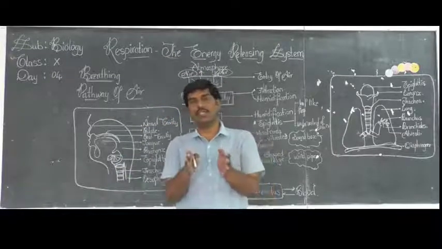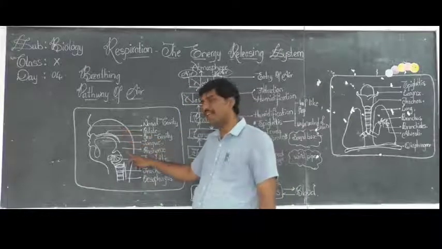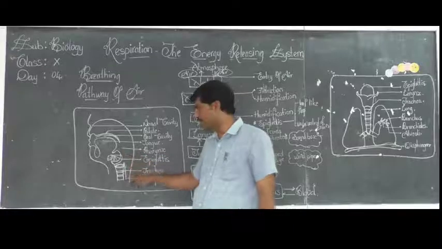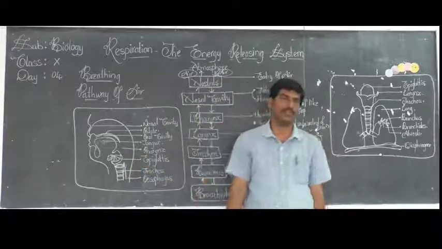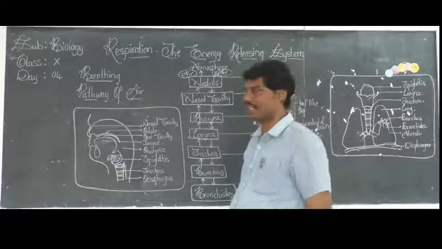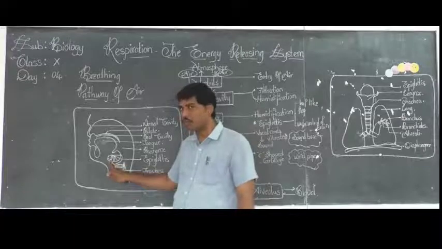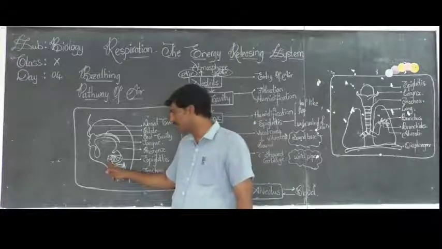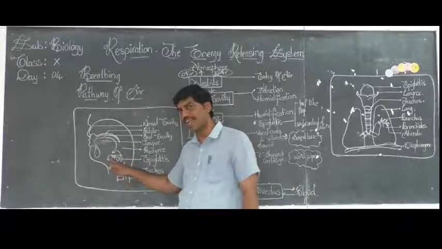Now, what is your doubt? How does the pharynx divert the air into the trachea and the food material into the esophagus? This is a little bit tricky. For this, we can look here, a hyoid bone is present, and to this hyoid bone there is a muscular flap-like structure.